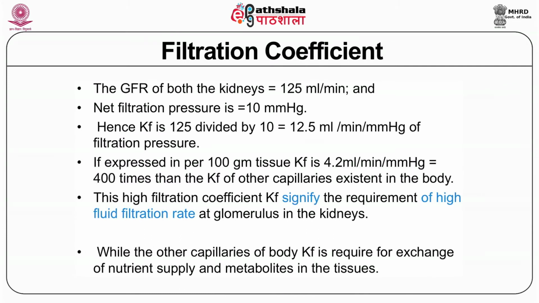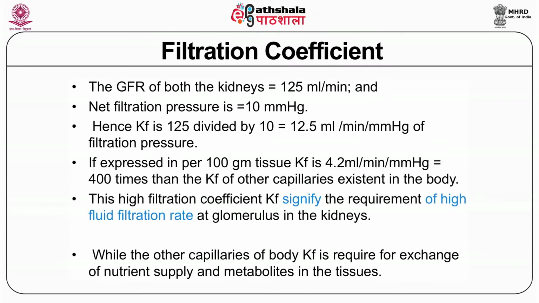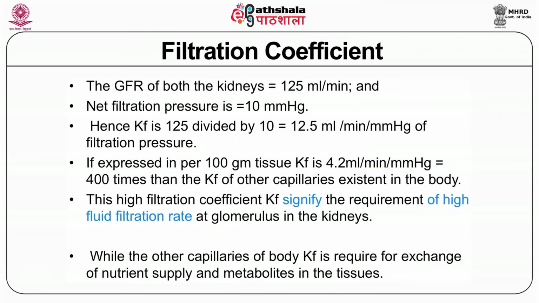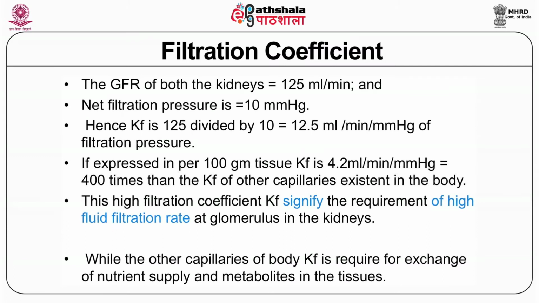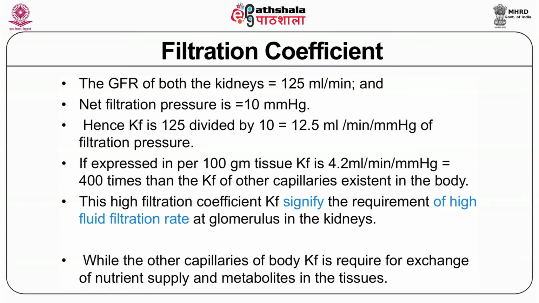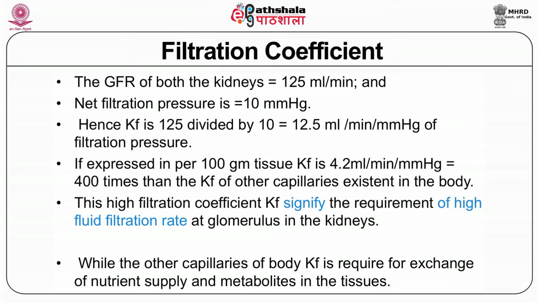This high filtration coefficient signifies the requirement of a higher fluid filtration rate at the glomerulus in the kidneys, while in the other capillaries of the body, Kf is required for exchange of nutrient supply and metabolites in the tissues.